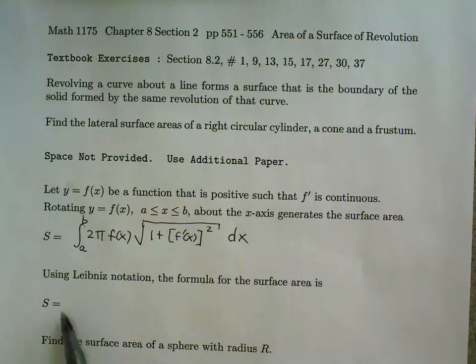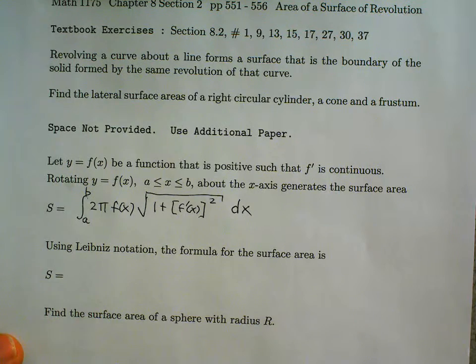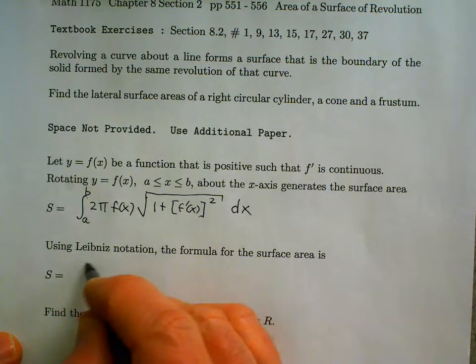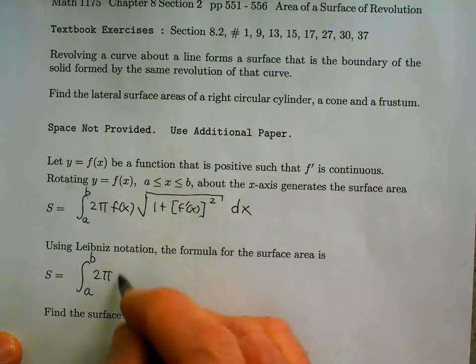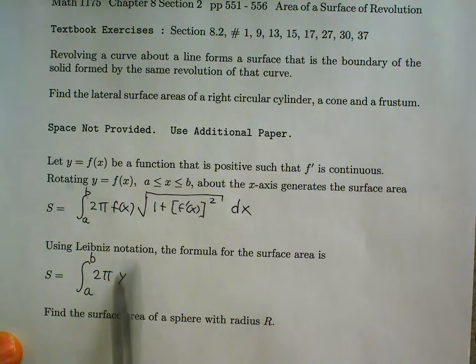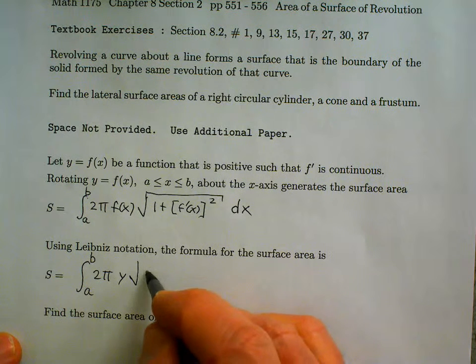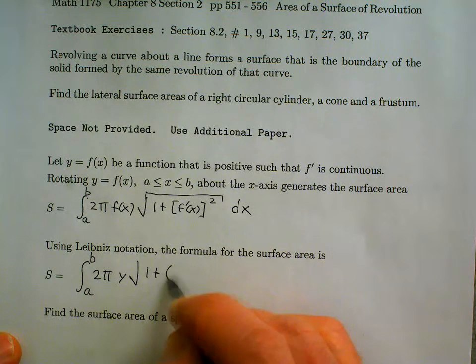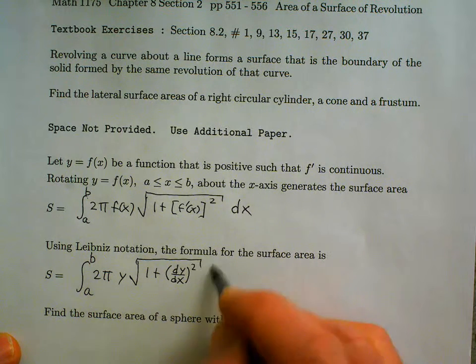We can also use Leibniz notation if you prefer. So Leibniz notation for the surface area is the definite integral from a to b of 2 pi times y, since y is equal to f of x, multiplied by the square root of 1 plus the square of the derivative of y with respect to x dx.